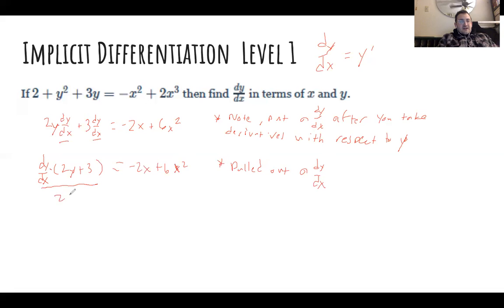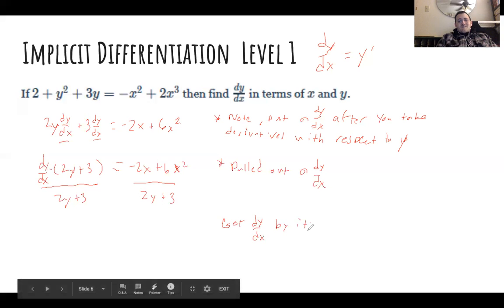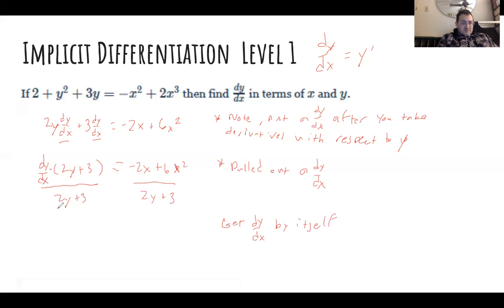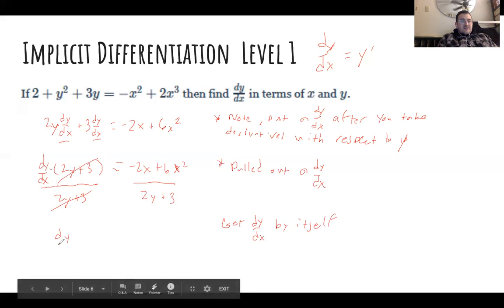So if I divide by 2y plus 3, these cancel out, and I am left with dy dx equals negative 2x plus 6x squared over 2y plus 3.